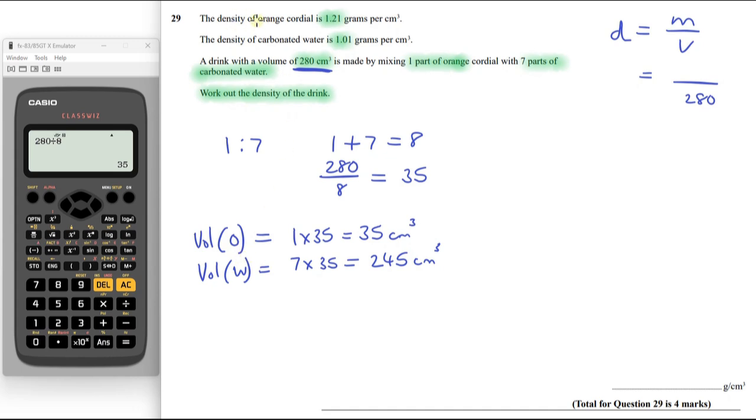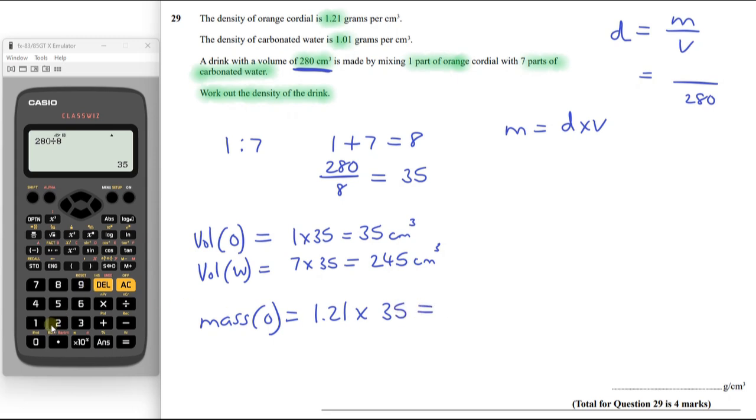We know what the density is. So to work out the mass, let's start with the mass of orange. If we rearrange this formula, mass is going to be equal to density times volume. So the density of orange is 1.21. We times that by the volume of orange, which we just worked out is 35.